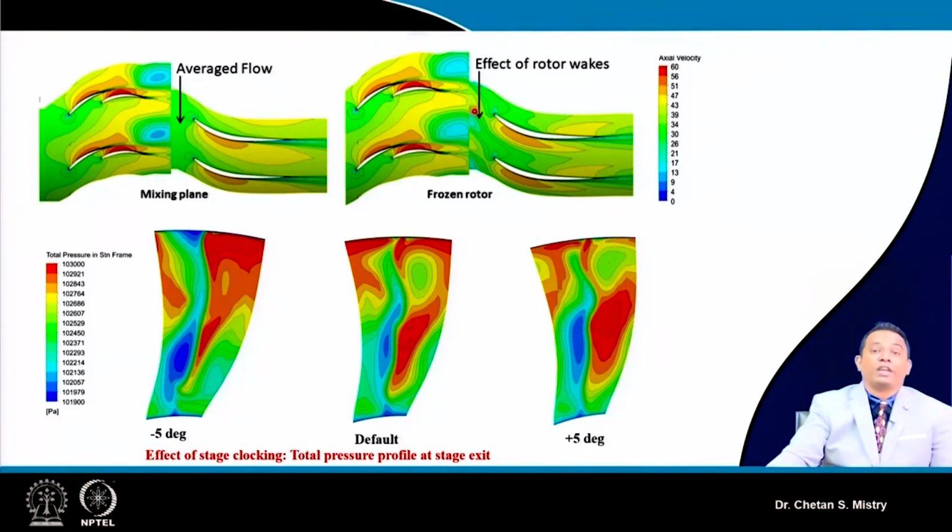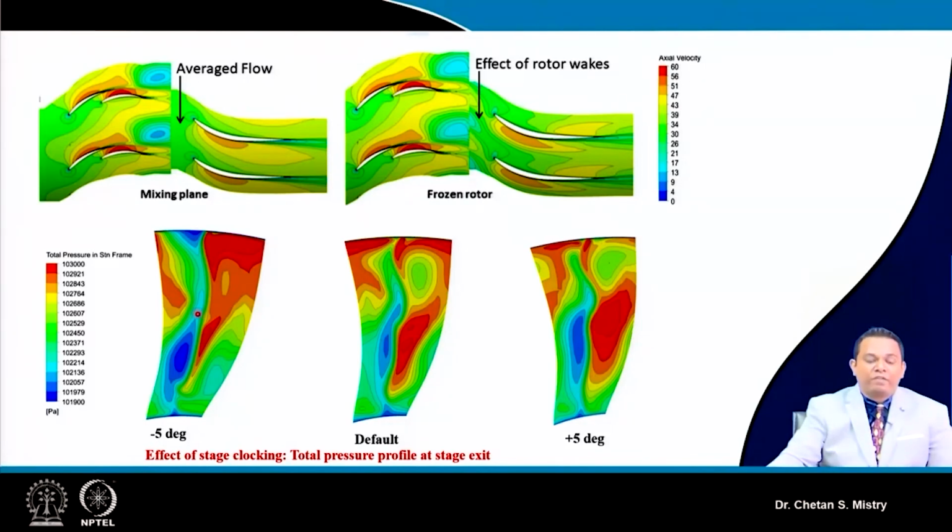So when we are using the frozen rotor approach, it is always advisable to go with a clocking effect study or pitch effect study. Here this is what is coming at the exit of the stator. This is the default configuration we have selected, and this represents my flow coming out from the stator.